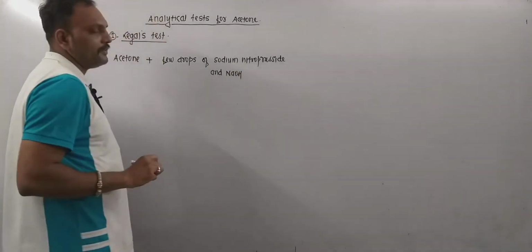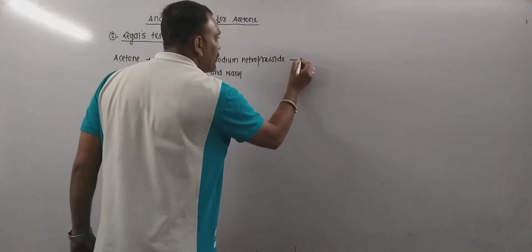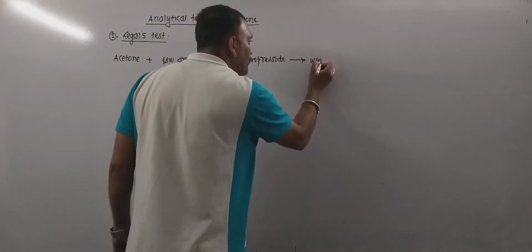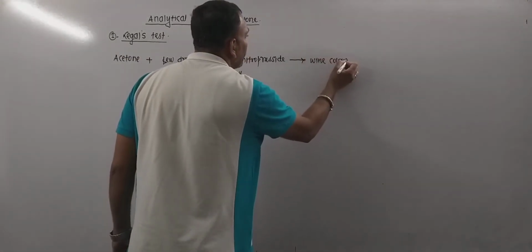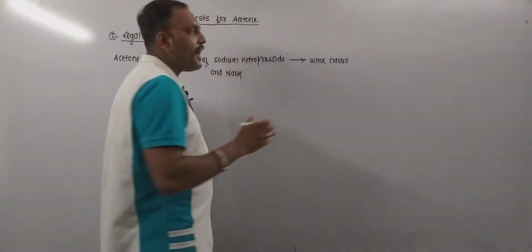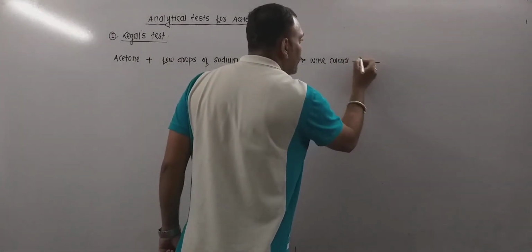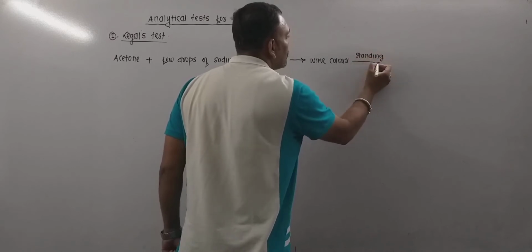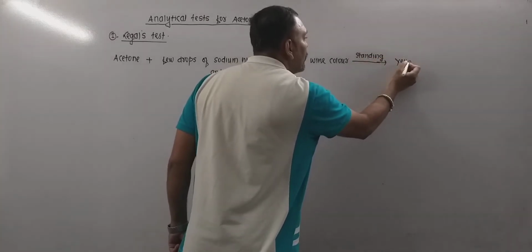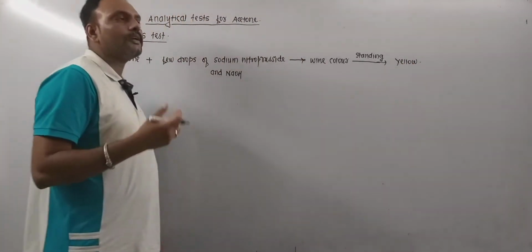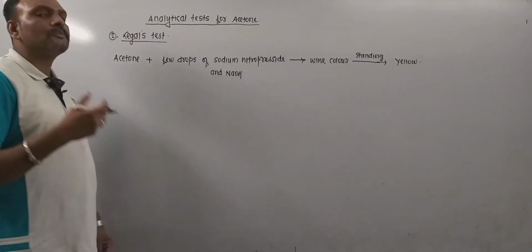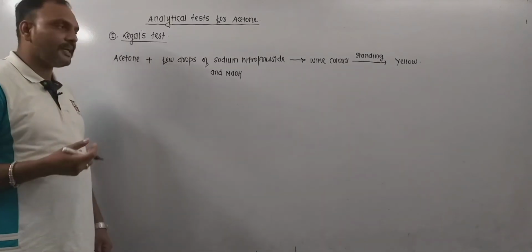After some time, the wine color appears, and this upon standing changes to yellow. So this confirms that the sample is of acetone. So this is the Legal's test.